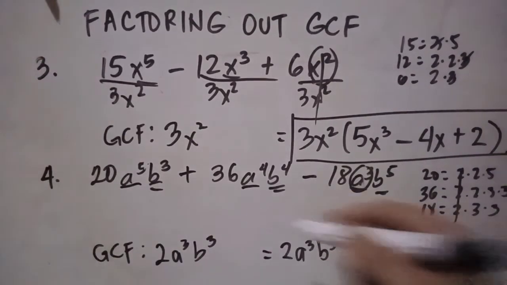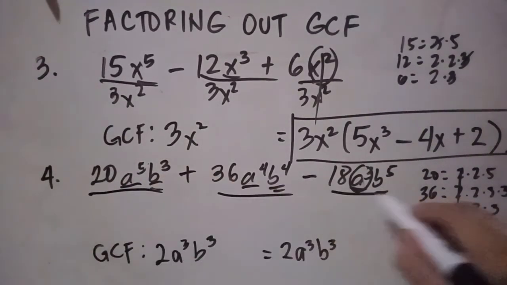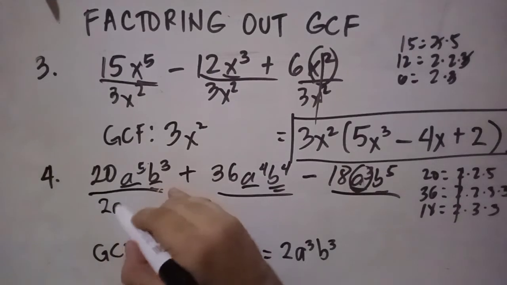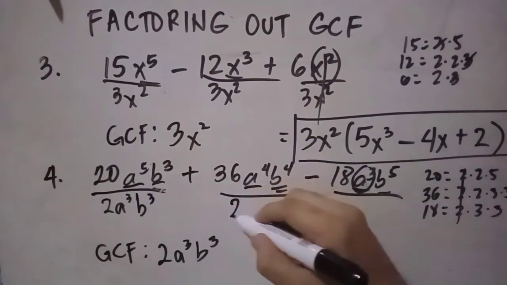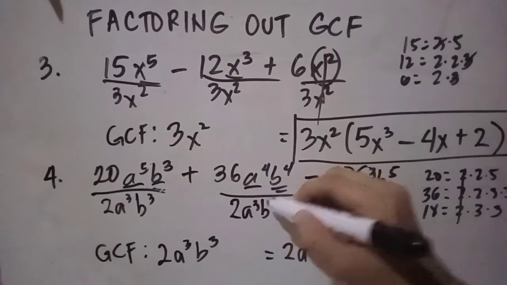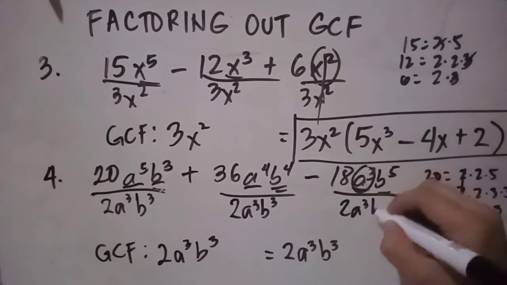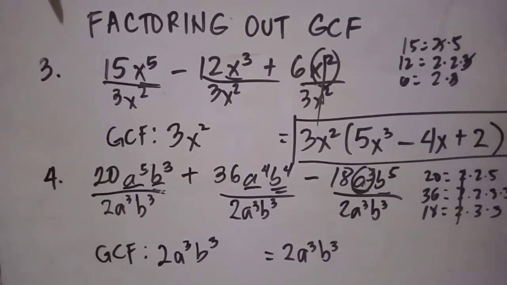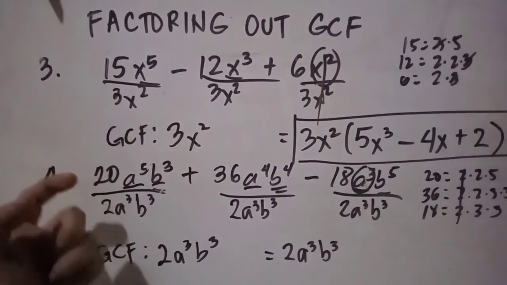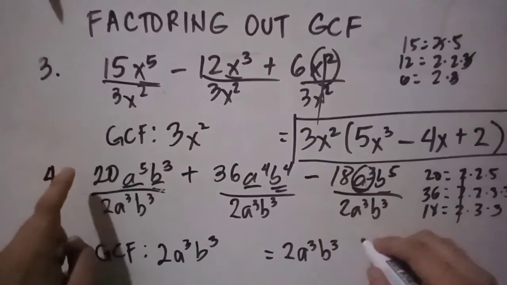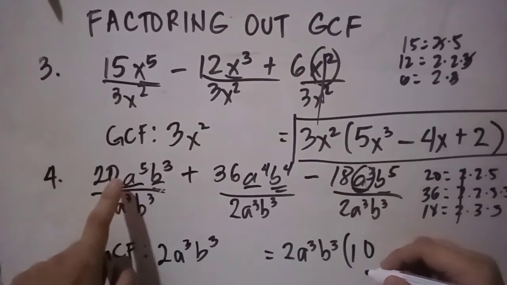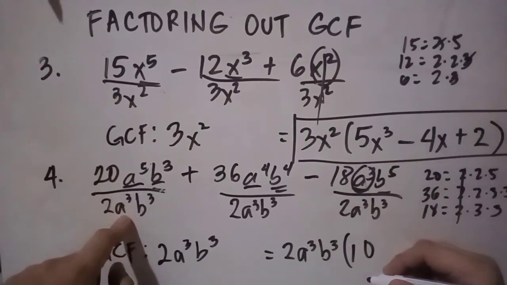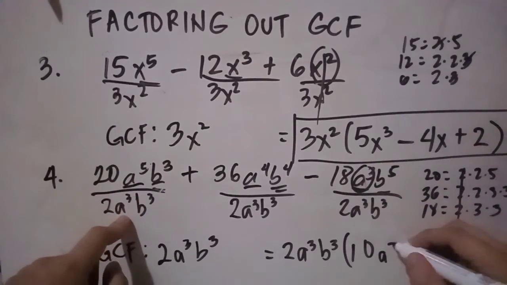After that, i-divide natin lahat sa GCF, so 2a cube, b cube. Okay. So, i-divide natin isa-isa, no? So, 20 divided by 2 is 10. A to the 5th power divided by a cube, that is a squared.